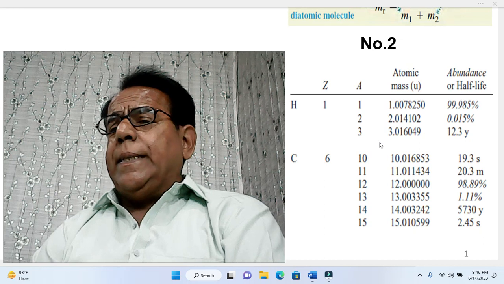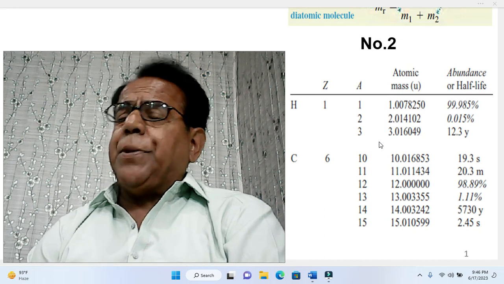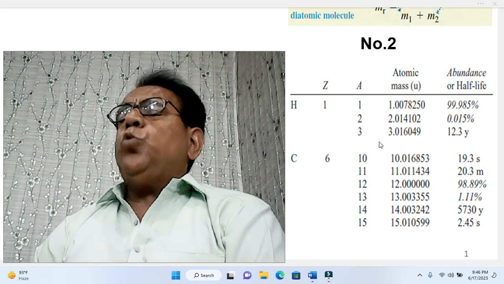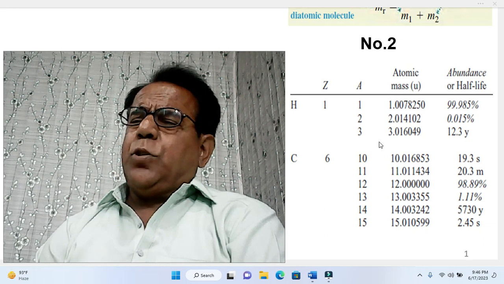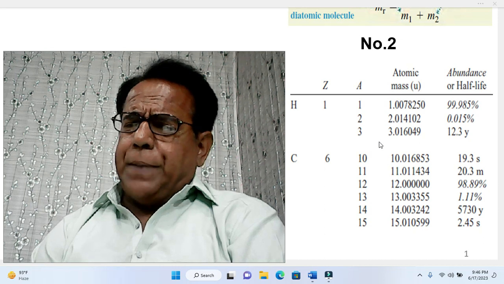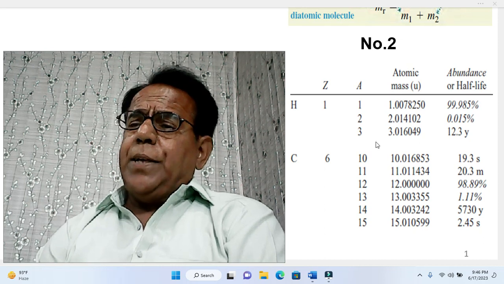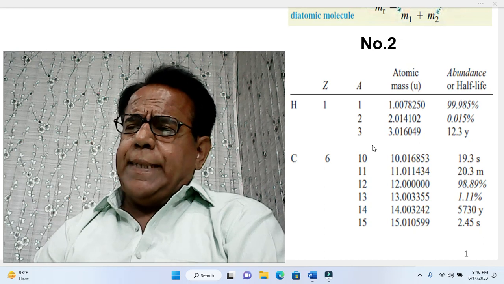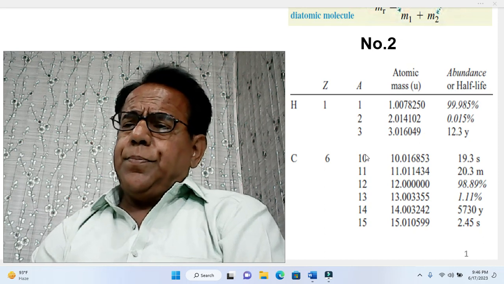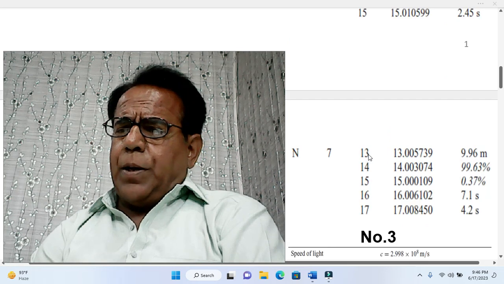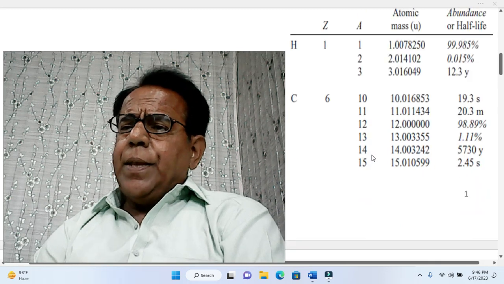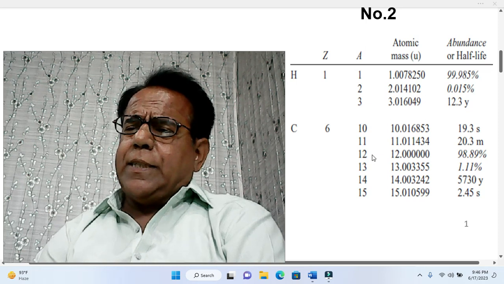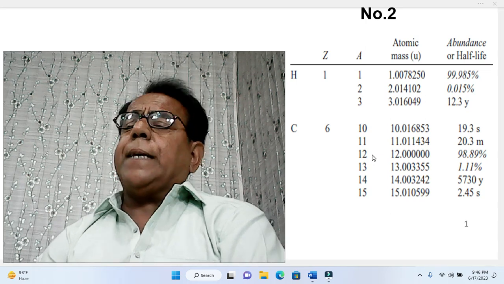But actually, this table in which chemical properties of elements are described usually consists of so many pages. But here, in order to develop our basic idea about carbon nitride, we have shown a little part, just a part of that table.